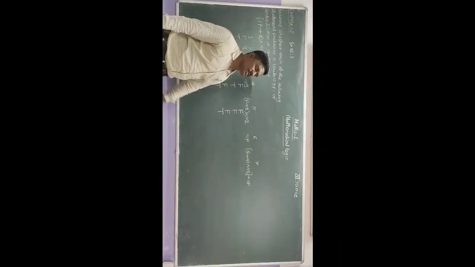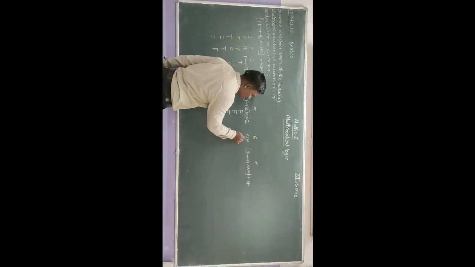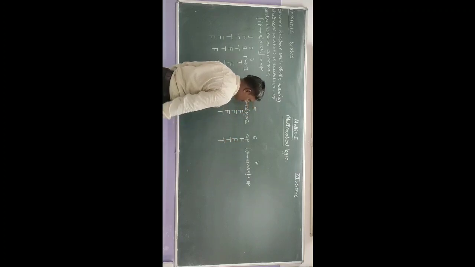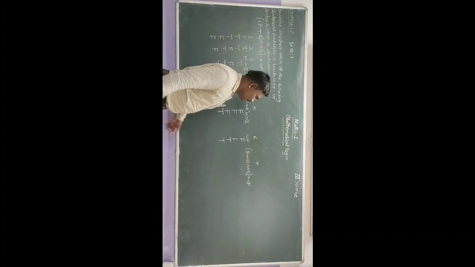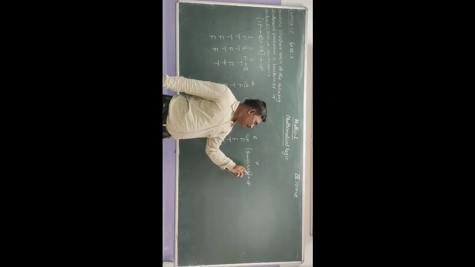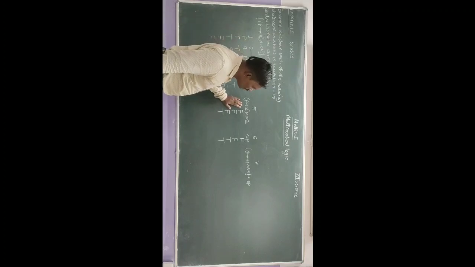Column number 6 represents here negation of P. Entries of P are true, true, false, false. Its negation is false, false, true, true. And in column number 7, P implies Q conjunction of negation Q bracket complete implies negation of P, that means column number 5 implies column number 6.